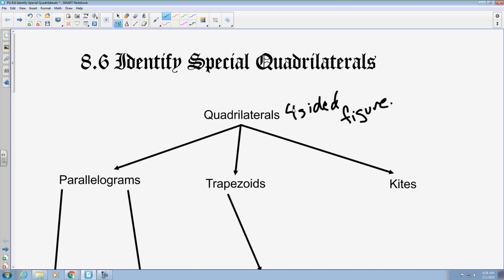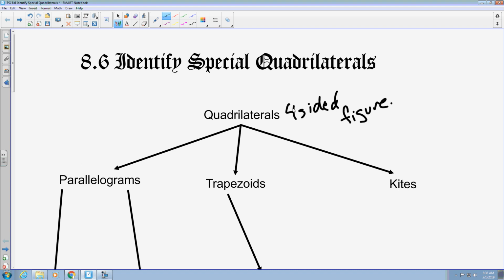Then it gets split into three different more specific categories where it could be a parallelogram, it could be a trapezoid, or it could be a kite. So the question that you have to ask yourself is, when it comes to the opposite sides, are they parallel?